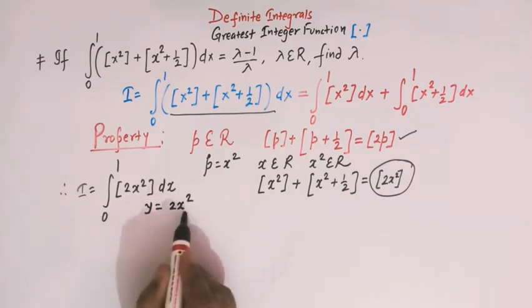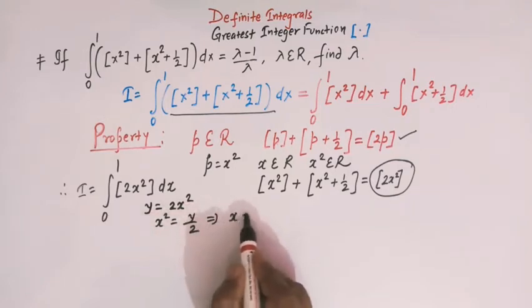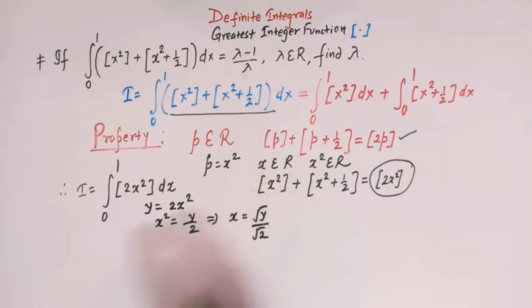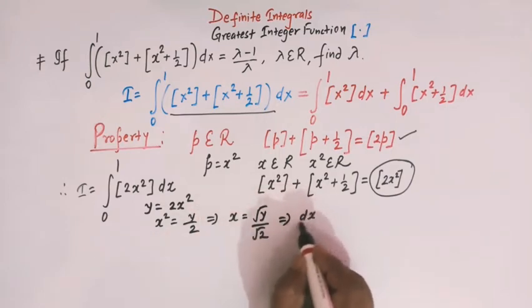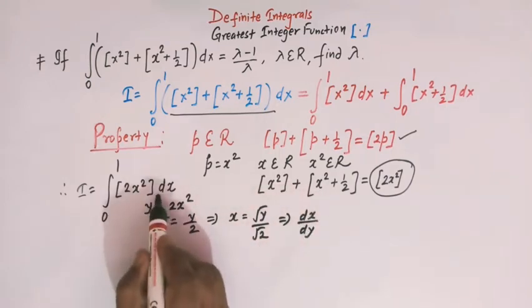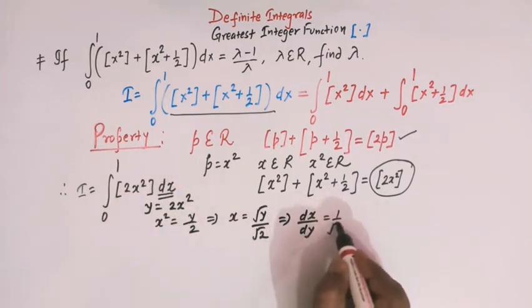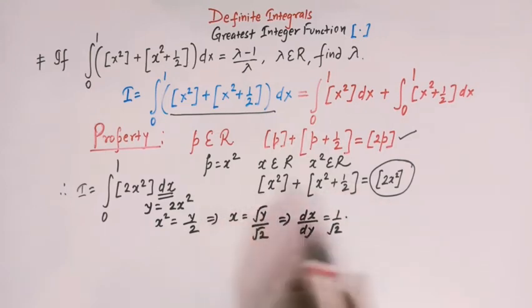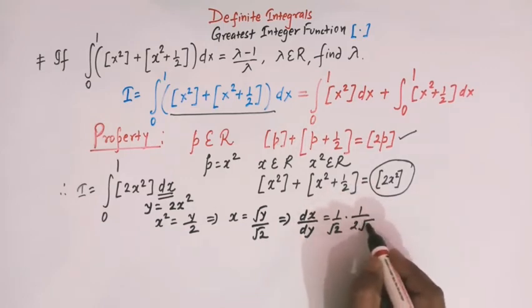So when y is equal to 2x square, then x square is equal to y over 2, and this is x is equal to square root of y over square root of 2. And now if we differentiate both sides, that is dx over dy, because we need to calculate dx, so dx over dy is 1 over square root of 2, and for the derivative of square root of y, we have 1 over 2 times square root of y.